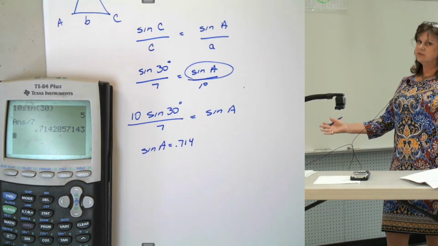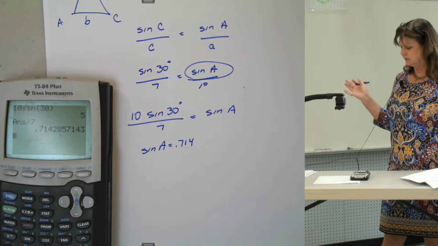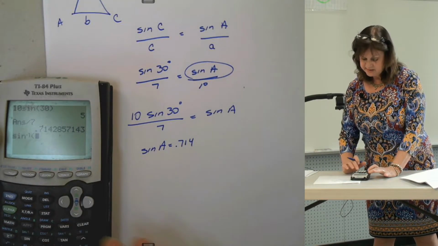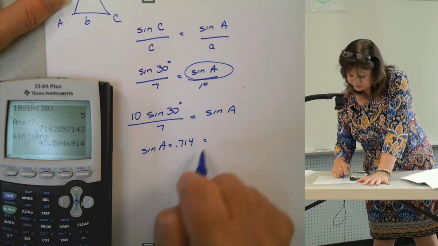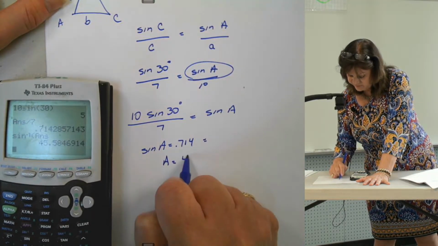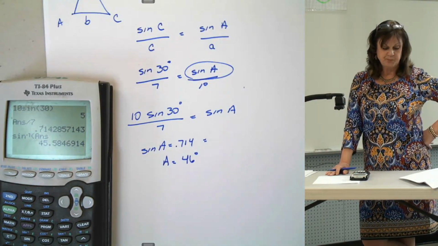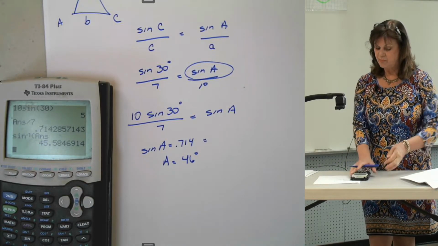Well, think about your sine values, negative 1 to 1. 0.714 falls perfectly in that area. We're good to go. Second sine, and we get an angle measure of 46 degrees. So a little trig inverse there.